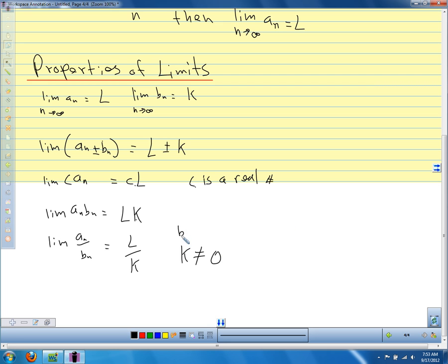And we're going to say that b sub n is not equal to 0. So just a reminder of our properties of limits. Questions?